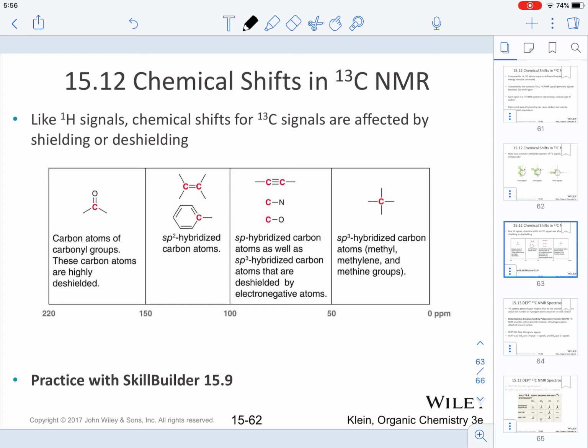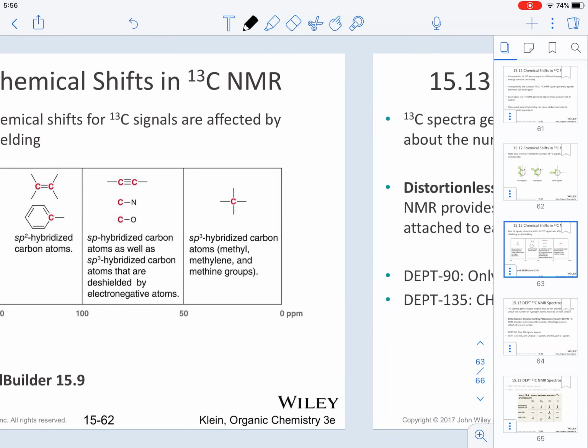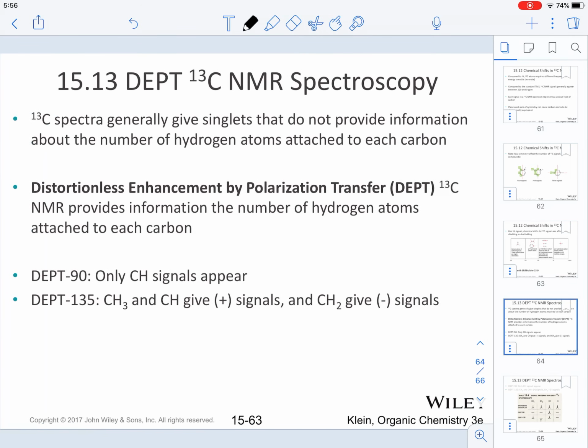So this is a very useful chart whenever we are analyzing a carbon-13 spectrum for a molecule when we're trying to look at the different signals.